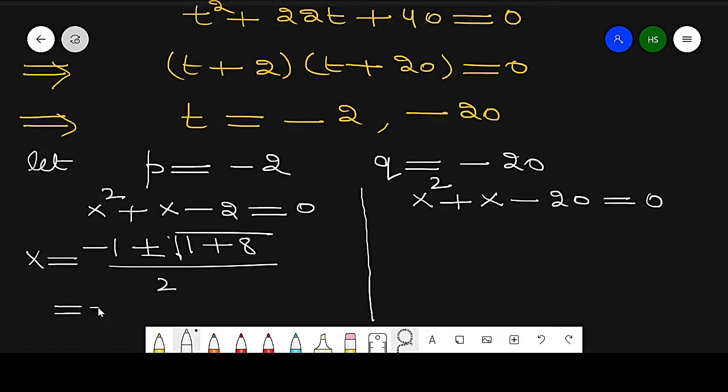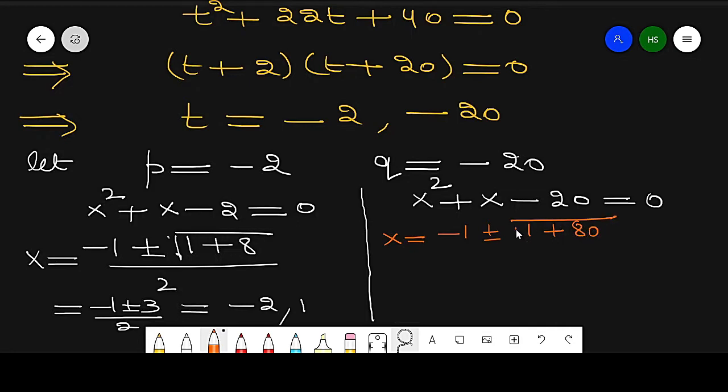So this is minus 1 plus minus 3 by 2. So this is minus 2 and 1. Now in the second case x is equal to minus 1 plus minus square root of 1 plus 80 over 2. So this value is minus 1 plus minus 9 by 2. So this is minus 5 and 4.